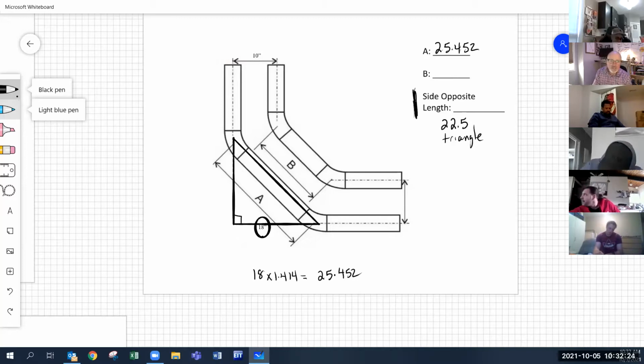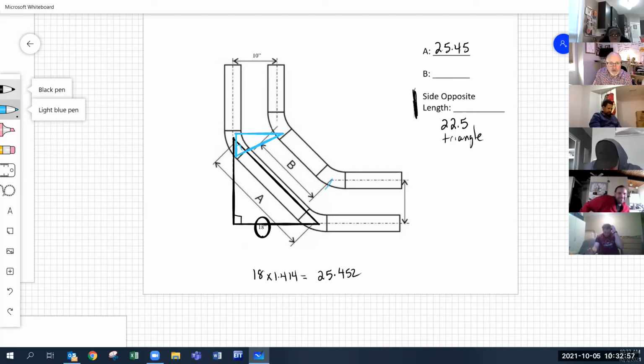And now I want the measurement B. So what we do next is we draw two 22.5 degree right angle triangles in here. Oh, geez, stop that. Let me just do that again. That doesn't want to do it there.